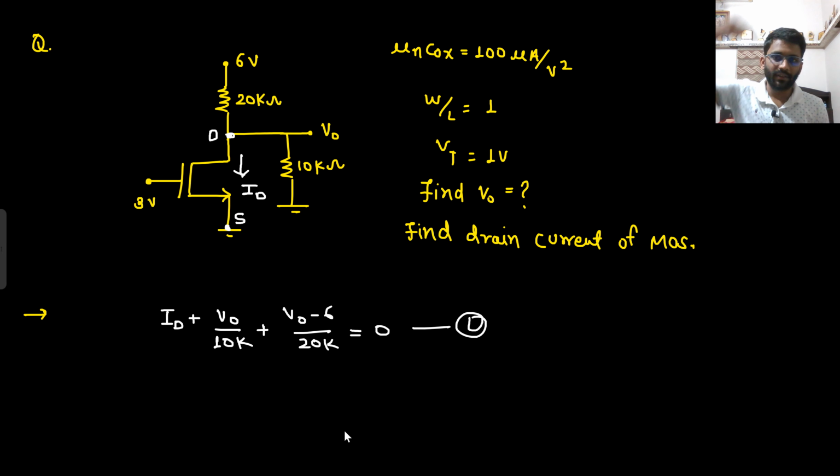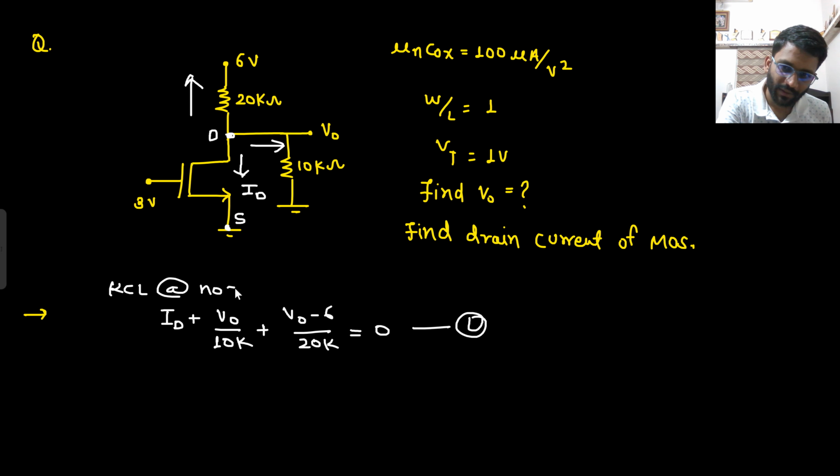Yeah. This is outward current, this is also outward current, V naught by 10K is also outward current. Addition of outward current is equal to 0. I am applying simple KCL at node V naught. This is what I did.